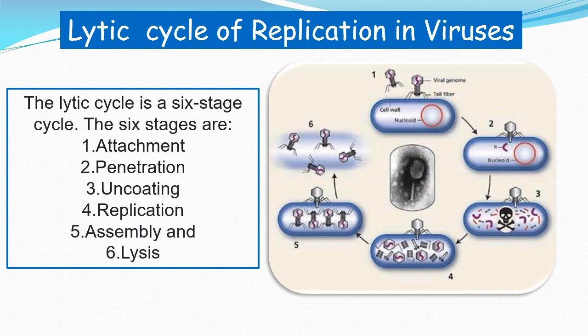The lytic cycle of replication in viruses is a 6-stage cycle. The 6 stages are: number 1 attachment, number 2 penetration, number 3 uncoating, number 4 replication, number 5 assembly, and number 6 lysis.